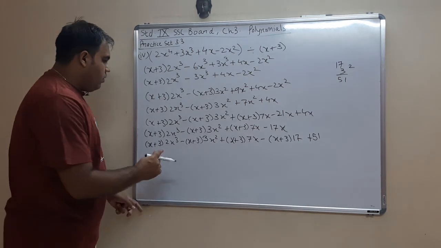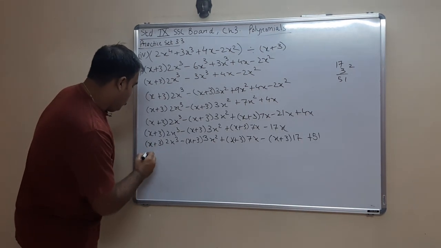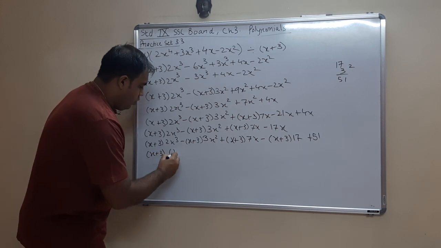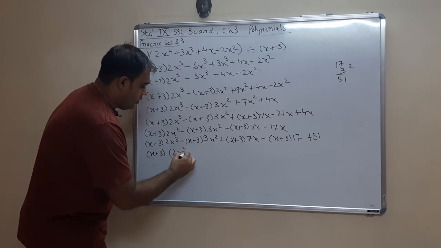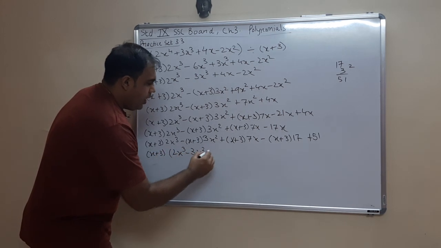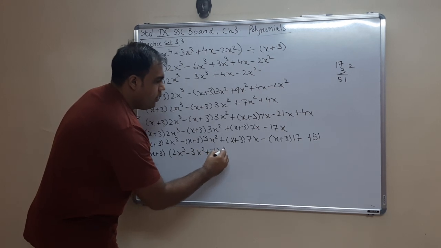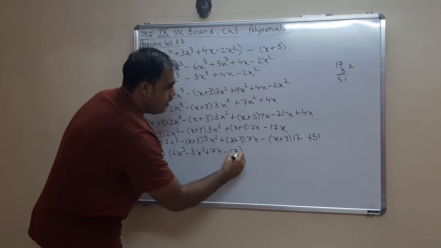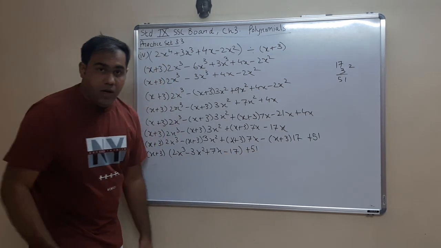Okay, so now we can take x plus 3 common, and then we get the quotient 2x cube minus 3x² plus 7x minus 17, plus 51 as remainder.